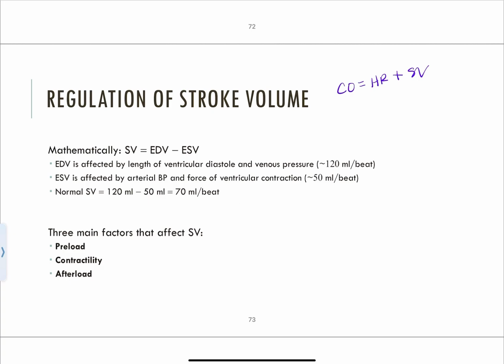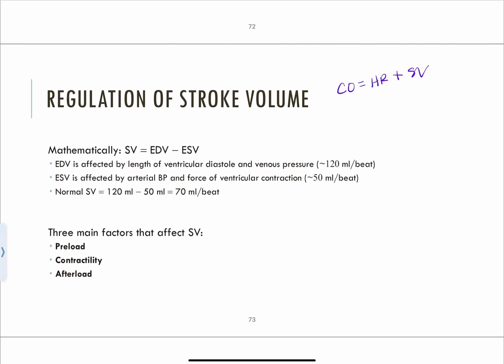We get 80% just from filling from our atria, dripping into our ventricles. Then our atria contract and push the remaining 20% into the ventricles, and now theoretically we're at 100% maximum in our ventricles. That 100% max is our end diastolic volume, or the end of the resting phase, because the whole purpose of the resting phase is for us to fill.